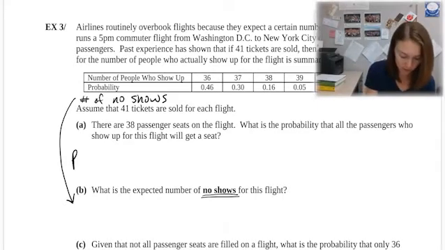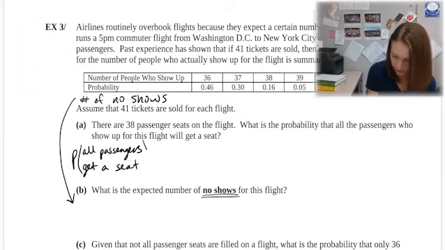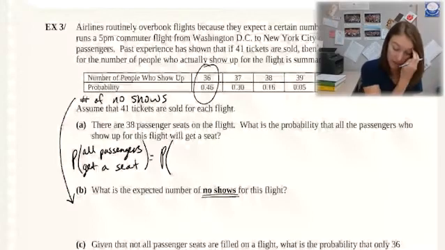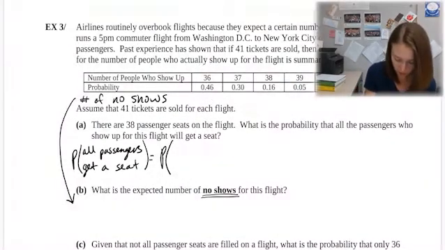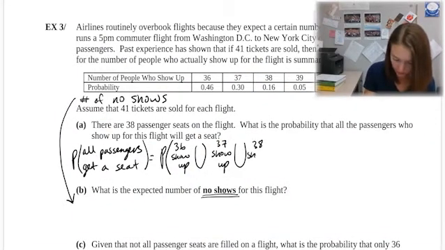So the probability that all passengers get a seat would be equal to the probability that either, and if you notice, 36 is the lowest number of people they expect to show up, so either 36 show up, or 37 show up, or 38 show up.